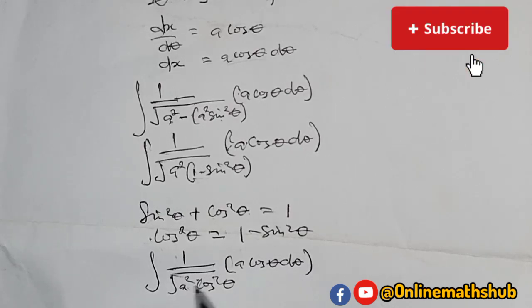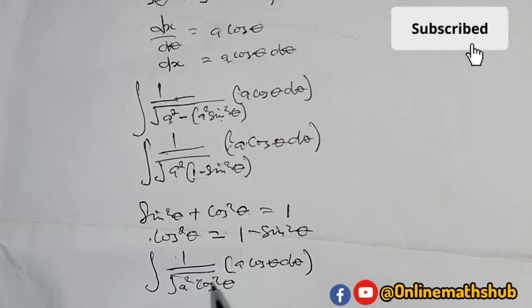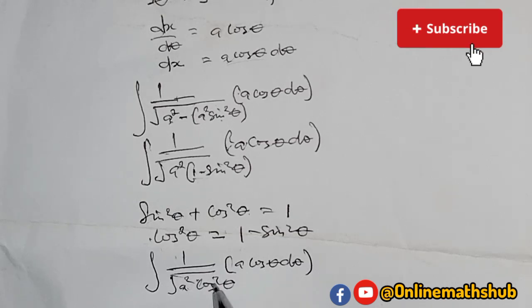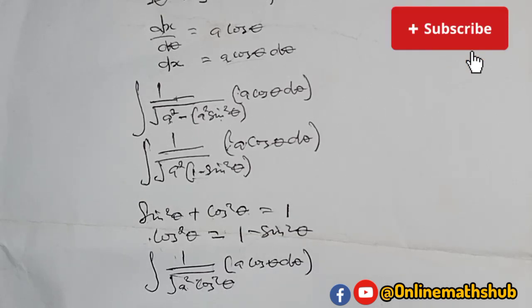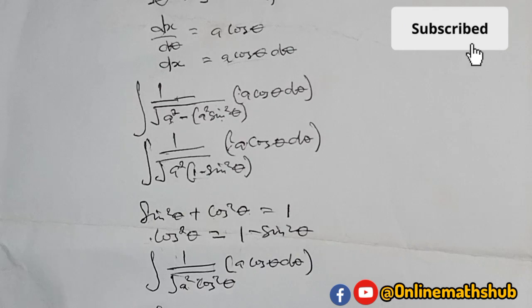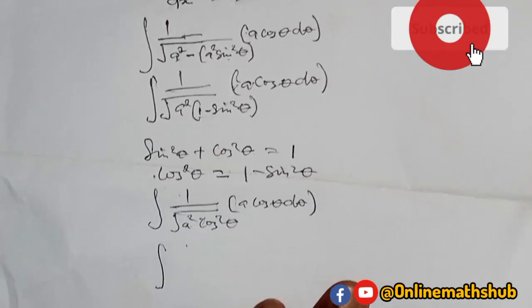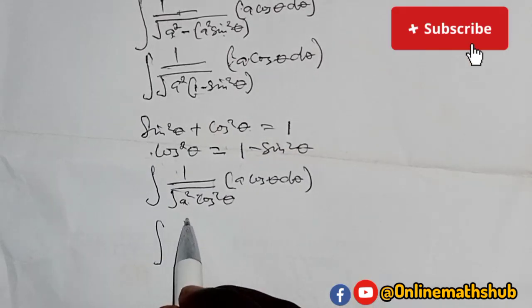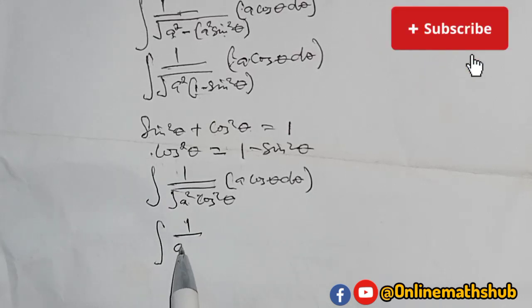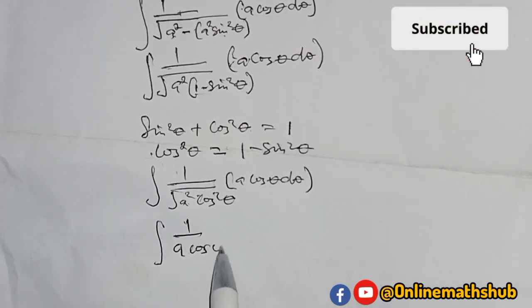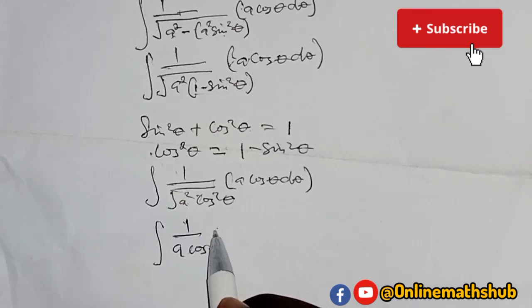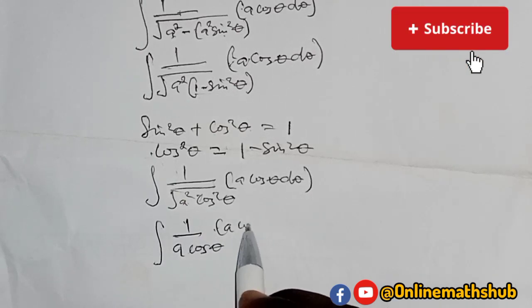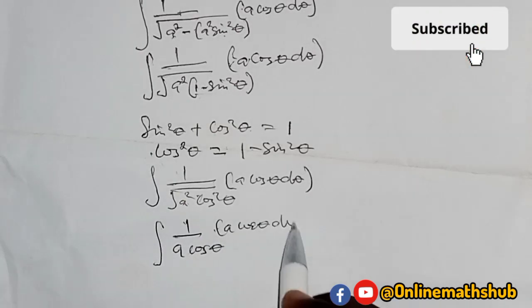Since all of them are squared, I can take the square root of all of it. If I do that, the integral will change to the integral of 1 over a cos theta, multiplied by a cos theta d theta.